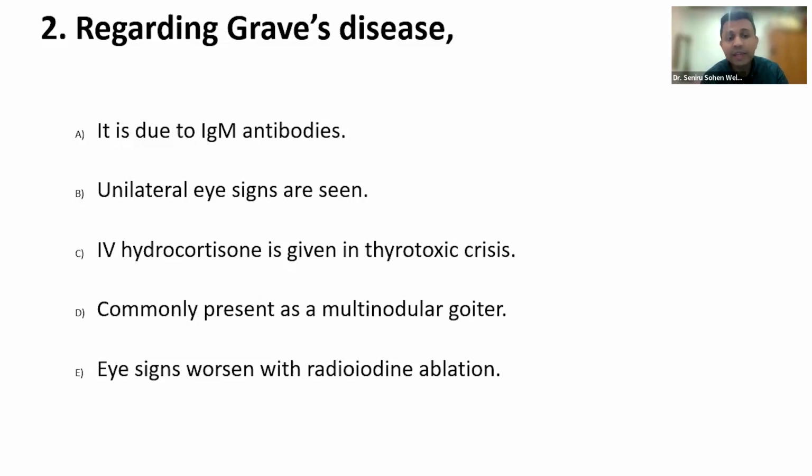Moving on to stem D: commonly presents as a multinodular goiter. No. In Graves' disease, you'll get a diffuse swelling of the thyroid gland that is usually small. From a history-taking perspective, in a patient with thyrotoxicosis, a small goiter of shorter duration with features of thyrotoxicosis is more likely to be Graves' disease.